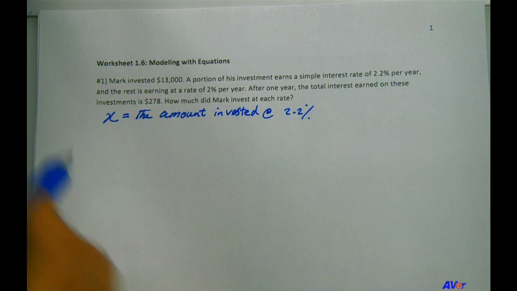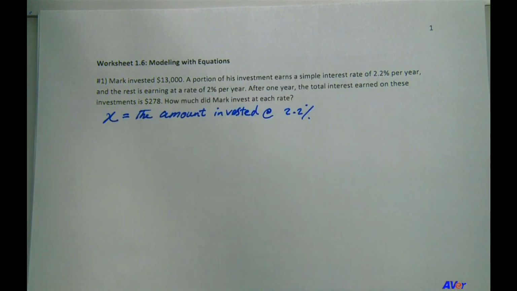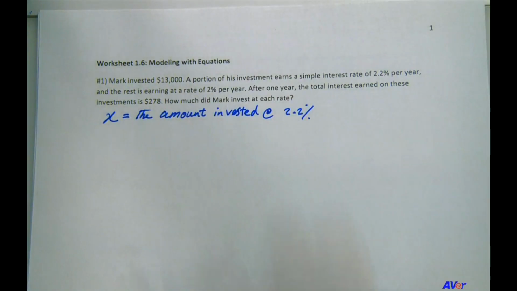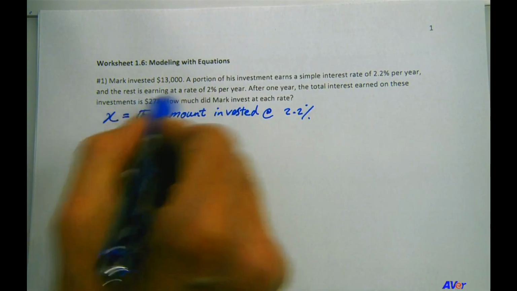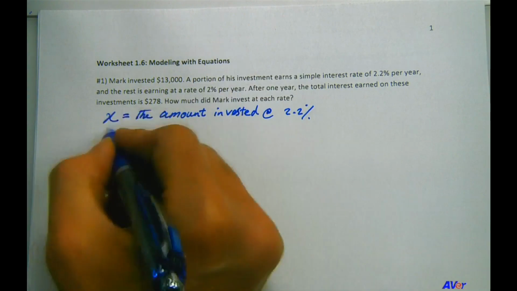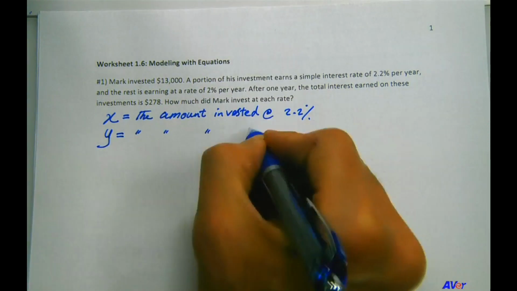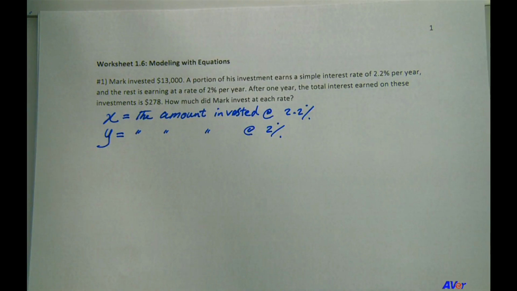I've assigned one symbol so far to that information, which was given to us in plain English: a portion of his investment earns a simple interest rate of 2.2%. That's what that means. The other piece of information is that the rest of the money is earning interest at 2% per year. So let's call that account Y, the amount invested at 2%. You can use other variables if you like, but you have to assign variables to this information in order to be able to manipulate it in a mathematical way.